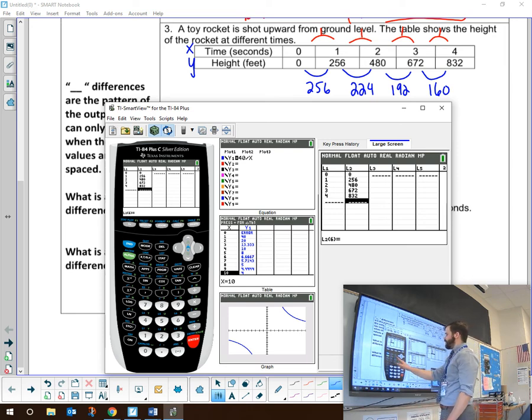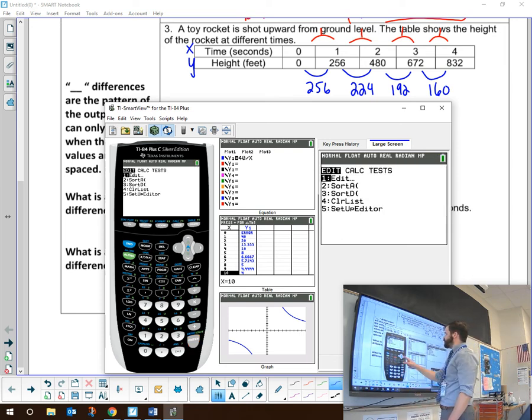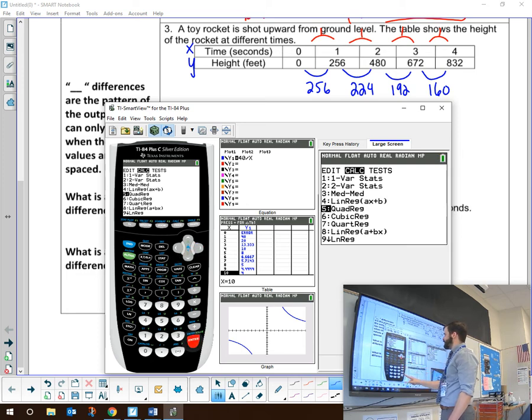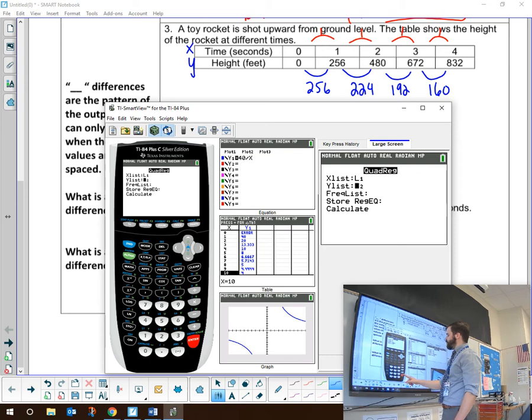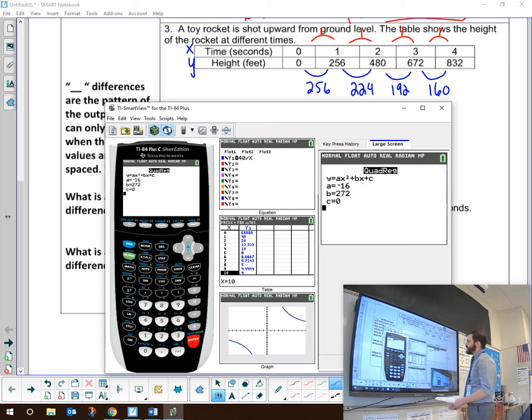So now we're going to go back to stat. We're going to go to calculate down to quadratic regression. Hit enter. We chose list 1 for x, list 2 for y. Hit calculate. And it's going to give me my answers.